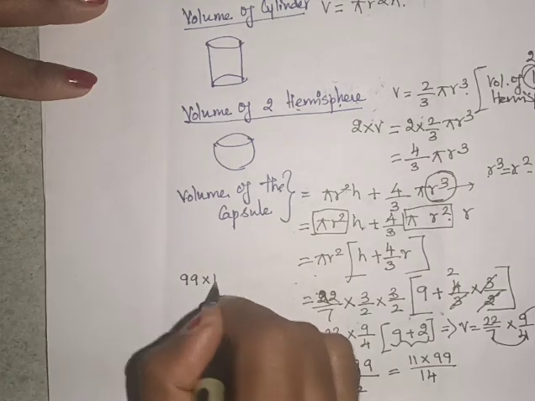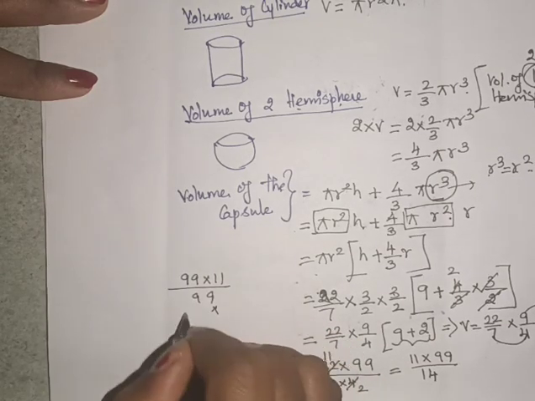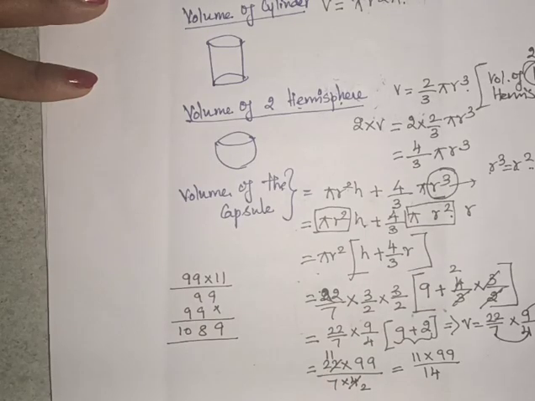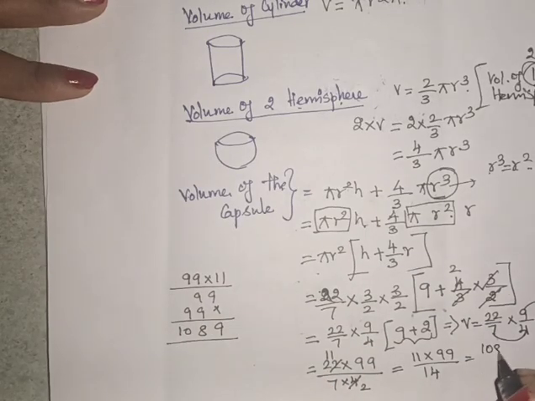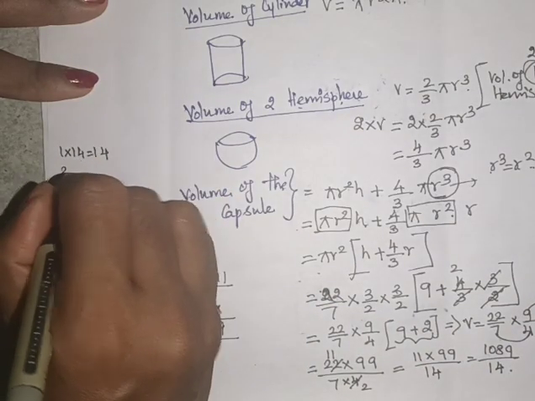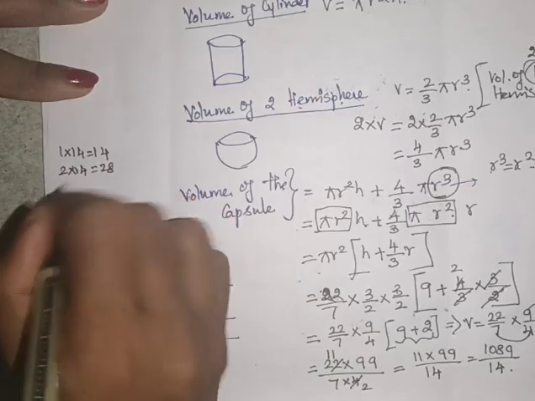9 into 11, 99, 9 into 99 is 1089, divided by 14. 1 14s are 14, 2 14s are 28.